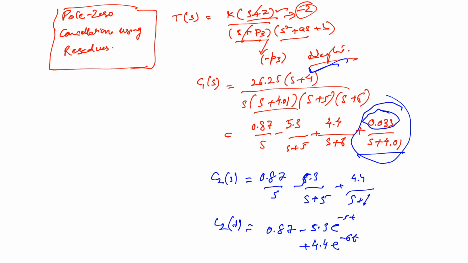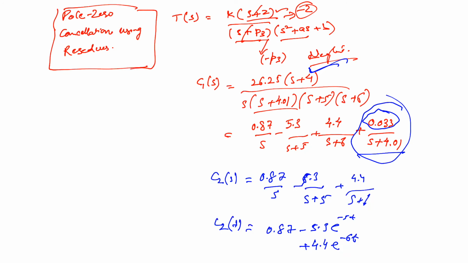Okay, so in this way we can neglect that term, that is, we can cancel the poles and zeros by using the residues. So in this lecture we have studied the use of the poles and the zeros, that is, the effect of the zero on the response of the system, that is, the transient response of the system.